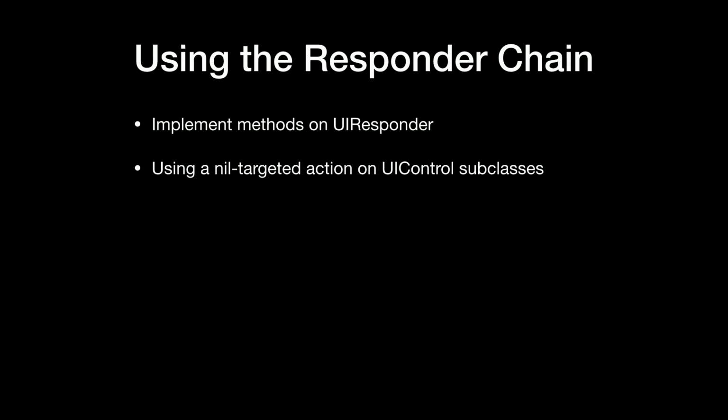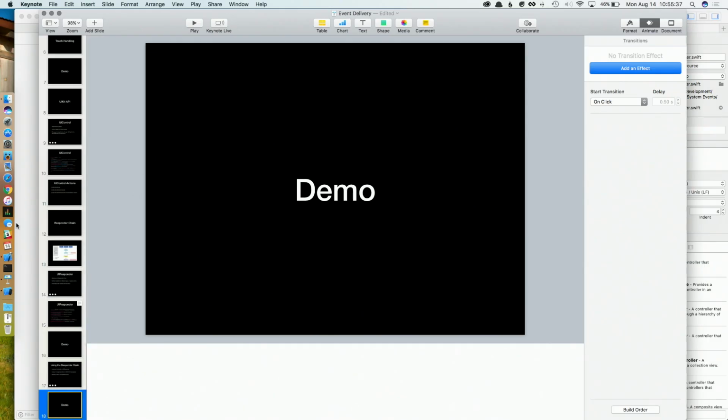So instead of having a specific target, we can have this button send the action up the responder chain. And then we can actually send custom targeted actions, not even specifically on a given UI control. So let's take a look at how to do that.